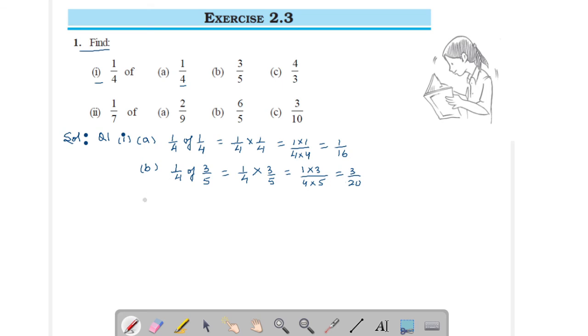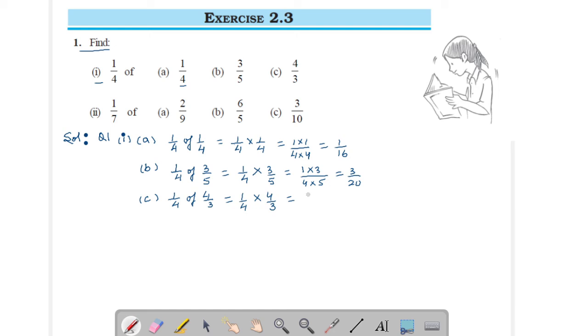Now come to C part. 1 upon 4 of 4 upon 3. Here it can be written as 1 upon 4, of means into, 4 upon 3.